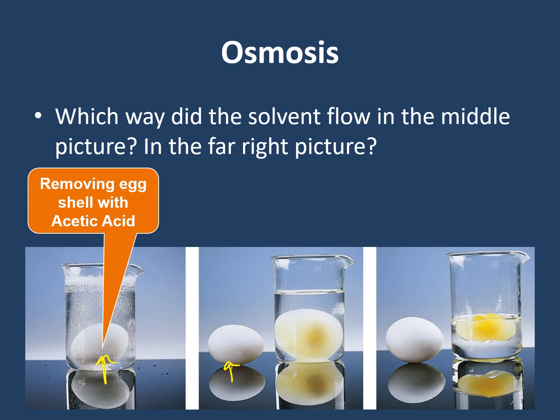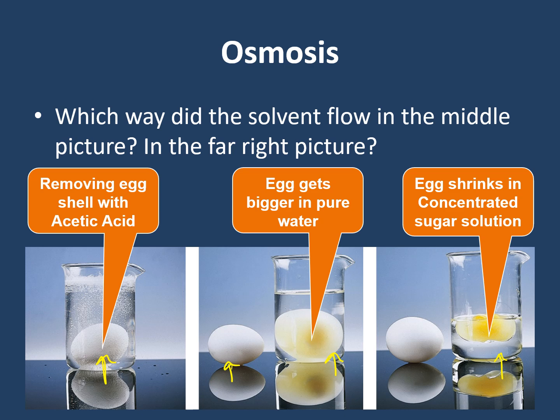Then we can put the egg in two different solutions. One is a pure water solution, right here, and two is a concentrated sugar solution. Basically, all we do is put a bunch of sugar in water and dissolve it at a really high concentration.